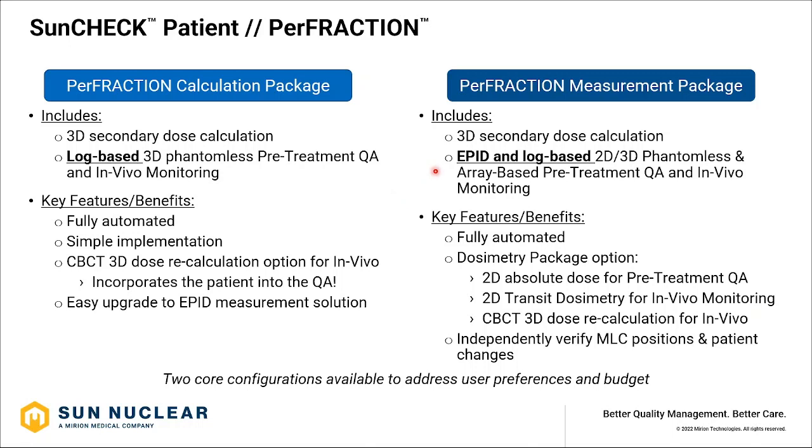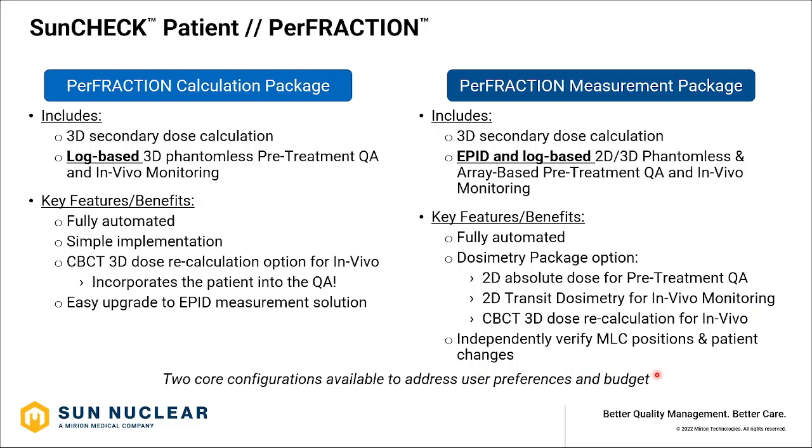So with the per fraction measurement package, you're able to do both EPID and log file based QA. And this is also a fully automated option. We do give you the option to calculate a 2D absolute dose for pre-treatment QA. You're able to see a 2D transit dosimetry for in vivo QA, as well as the ability to do CBCT 3D dose recalc for in vivo QA.